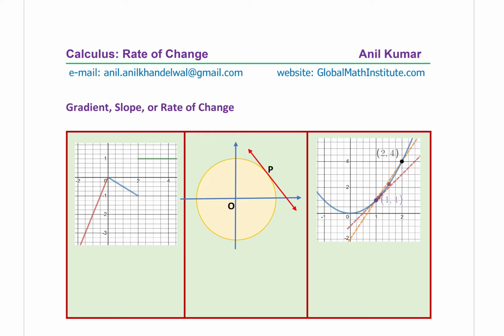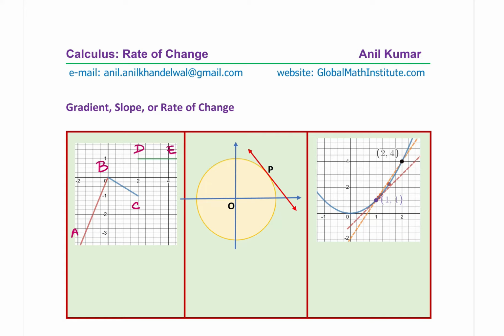So here we see three different graphs, and they will connect us with what we have learned earlier and what we are going to learn now in calculus. In the very first graph, we have a few lines. Let me write A, B, C, D. This is line segment AB, then from B to C, and here D to E. So we have three different line segments.